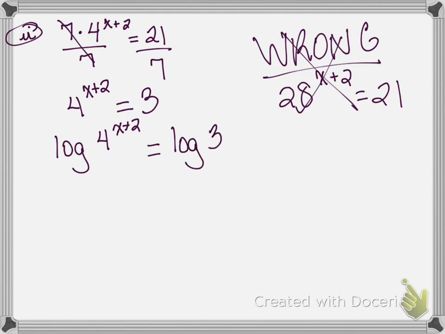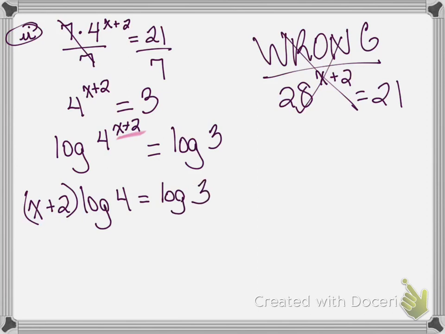Our power rule then tells us to take that x plus 2 and put it in front of the log. Now remember, log of 4 is just a number. We don't know what that number is, but it's a number. I can take log of 4. It's pretty straightforward. So I've got to distribute that log of 4. So I have x log of 4 plus 2 log of 4.